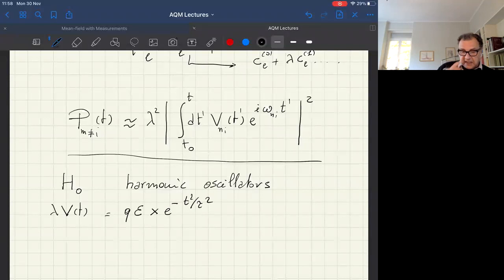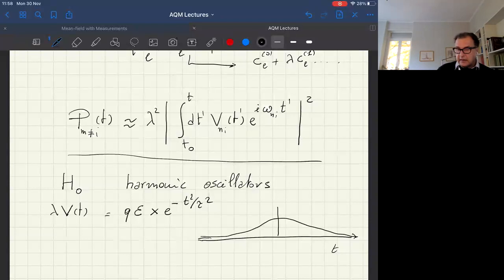This is nothing else than the electric field applied to this kind of harmonic oscillator, which is switched on and off in time. So if this is time, the field is something like this, okay? That is off in the distant past, and will be off in the distant future, okay?